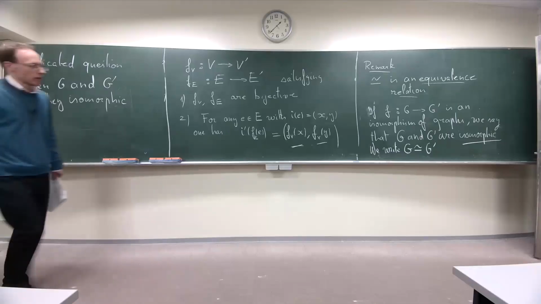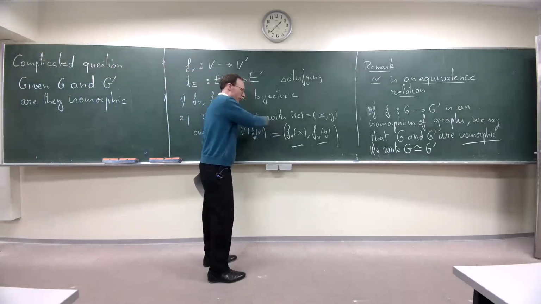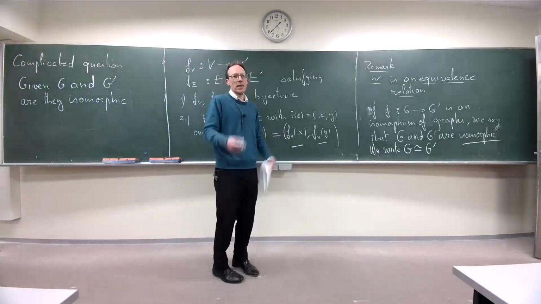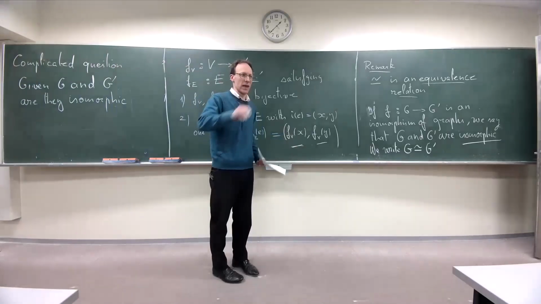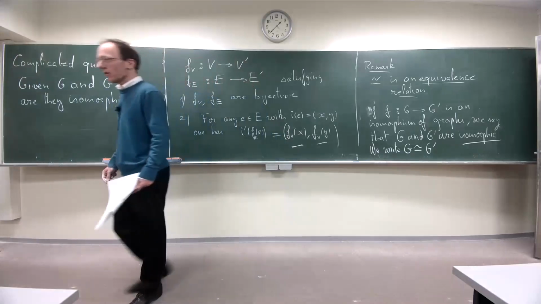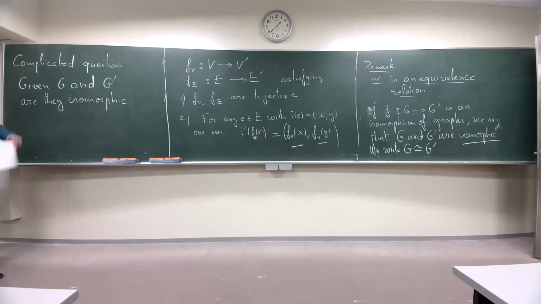Why is it difficult? Because if you want to answer this question, you have to find a function f which does the job. So you have to imagine all possible f and check if these f do the job. So it's not easy. It's a hard problem even for a computer if the graph is complicated, because you have to check all possibilities. But there is a way.